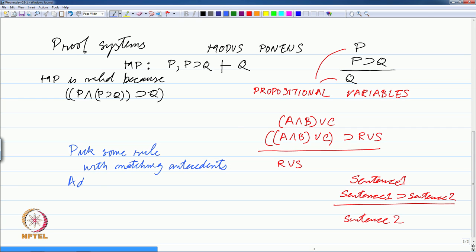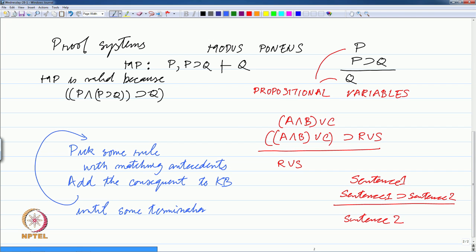Then add the consequent to the knowledge base and put this whole thing into a loop until some termination criteria. We will look at this. This is by and large the outline of any proof system.